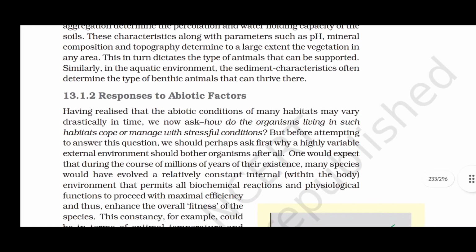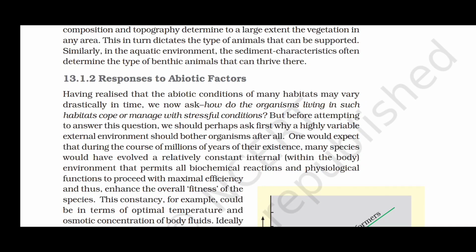Responses to abiotic factors. Having realized that the abiotic conditions of many habitats may vary drastically in time, we now ask, how do the organisms living in such habitats cope or manage with stressful conditions? But before attempting to answer this question, we should perhaps ask why a highly variable external environment should bother organisms after all.